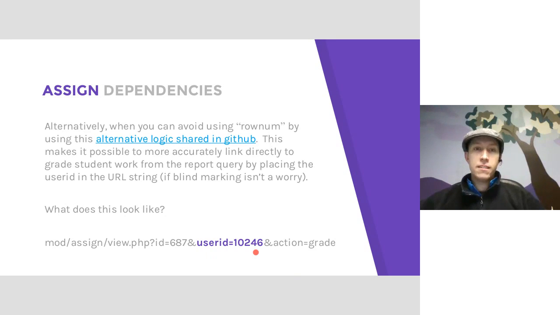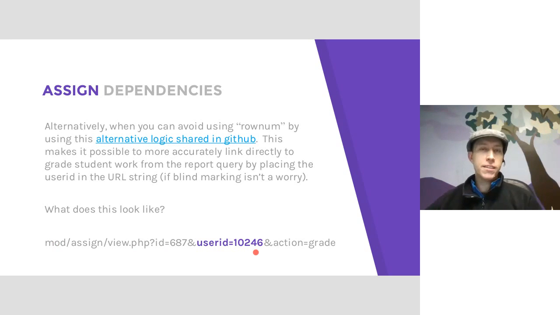Another means of setting up assigned click to grade activities I've shared is by using an alternative logic that doesn't rely on using the row num sort in the URL string. So you don't have to use that. By removing that dependency in the URL string, I can create a different direct link to grade just using the user ID instead.